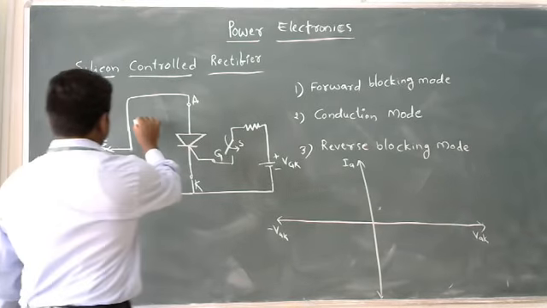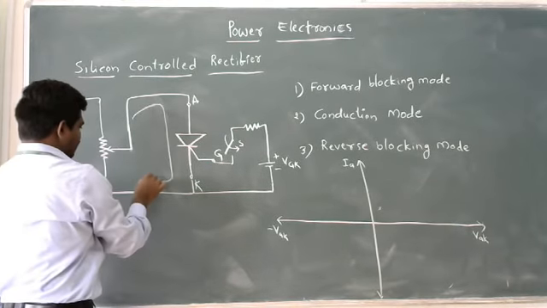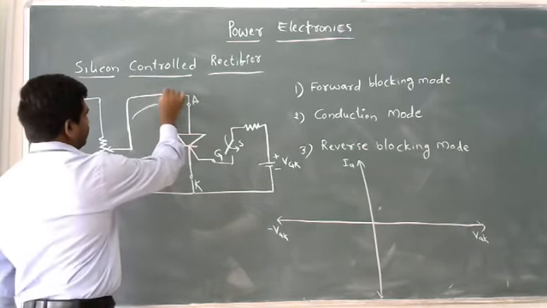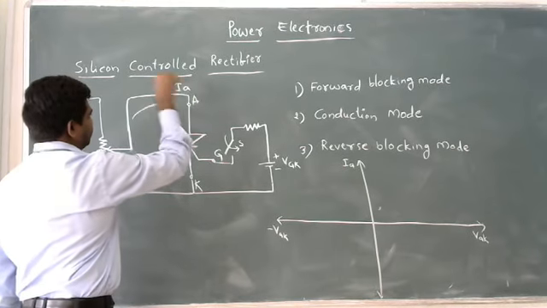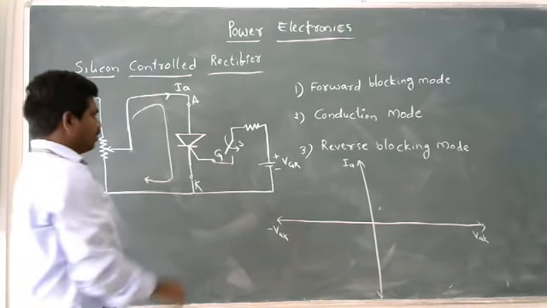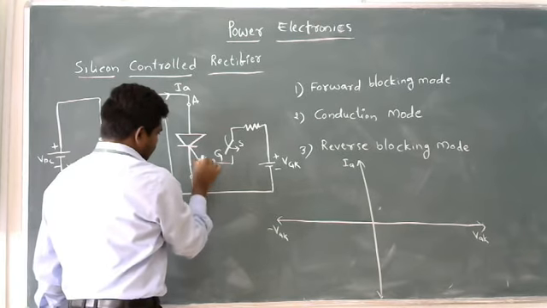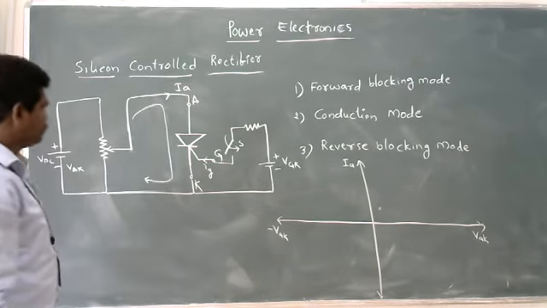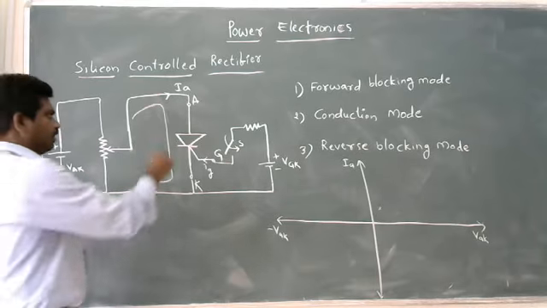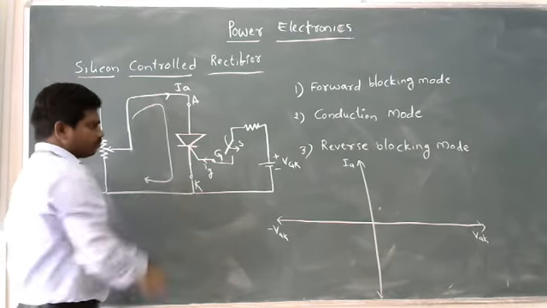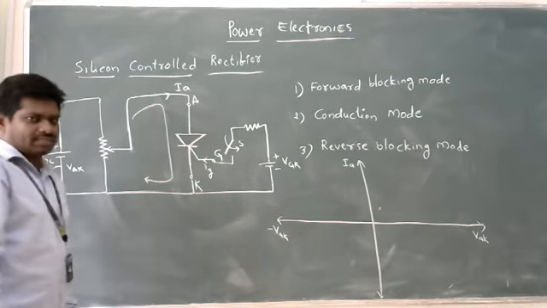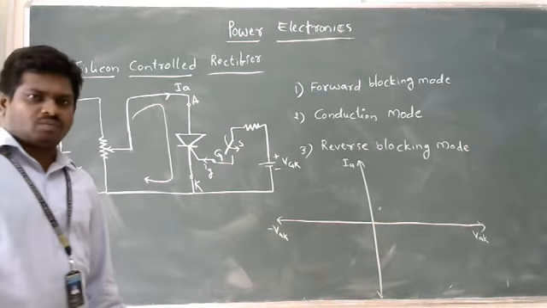So this way is the direction of IA. And this current is called IG. So this is our device, right? So we'll discuss the modes one by one.